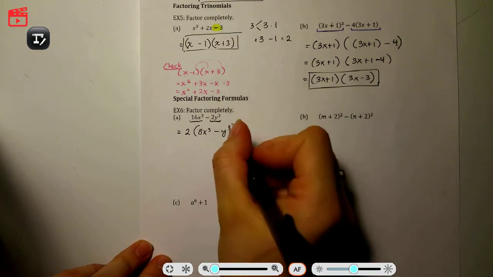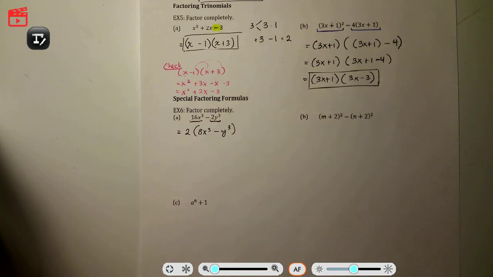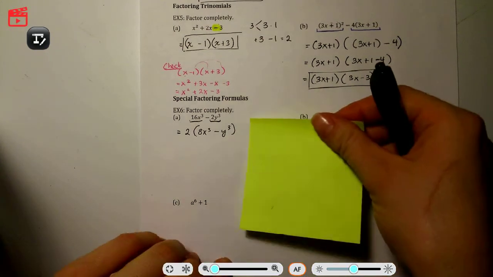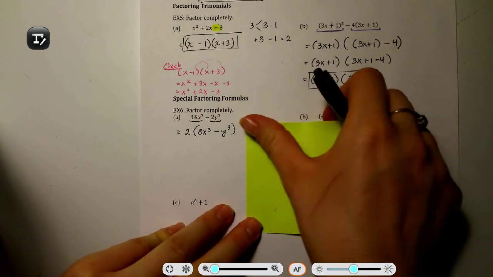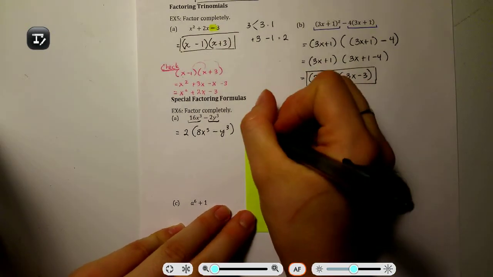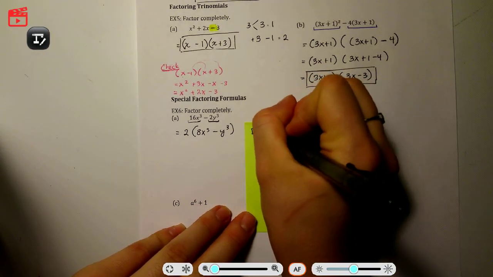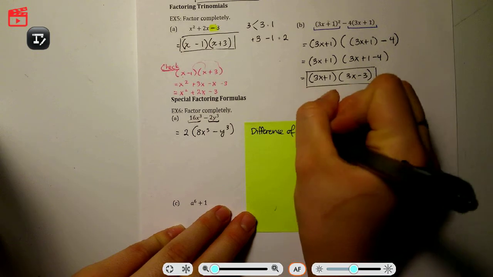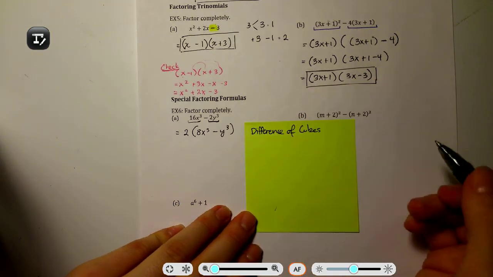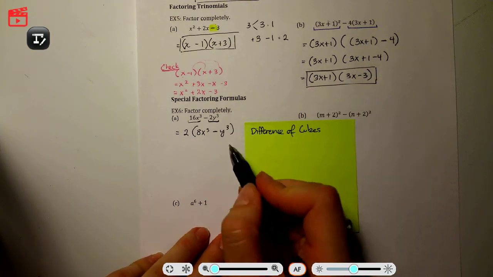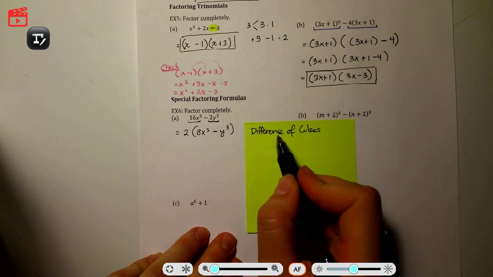All right, so this right here, that is a special factoring formula. Or sorry, special term that we're going to use the formula. I'll write it down for you. This is called the difference of cubes. Okay, why do we call it that? Well, we have the subtraction sign, hence difference.